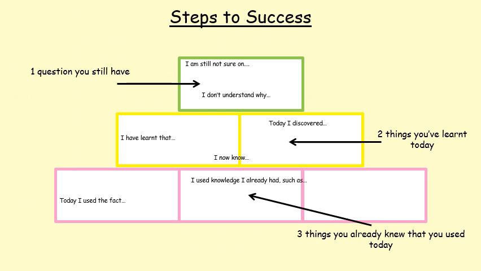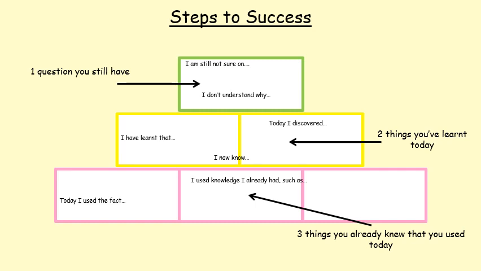Okay, so that's it for the lesson today. I hope that you've got lots of work done and you've made some progress. So I'd like you to have a go at this reflection task now. One question you still have, I'm still not sure on, or I don't understand why. On the second layer in the yellow boxes, 2 things you've learnt today.